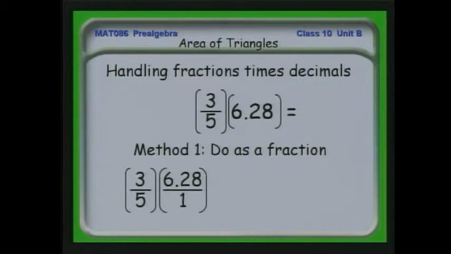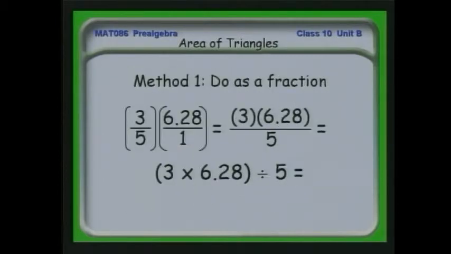The 6.28 is 6.28 over 1. I can just do the math: 3 times 6.28 divided by 5, which is really what that fraction says. Method 1 is just do it as a fraction and do the math as you would do fractional math.